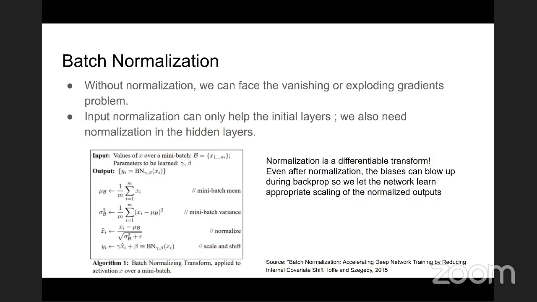So I will compute the mean of the activation for a neuron for that particular mini batch, and I will compute the variance of those activations for that mini batch, and I will normalize it.